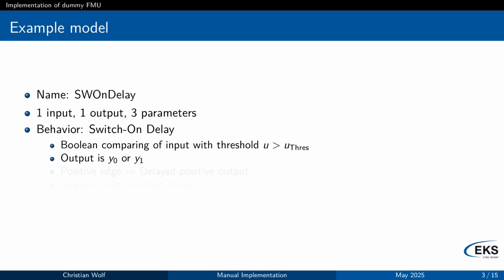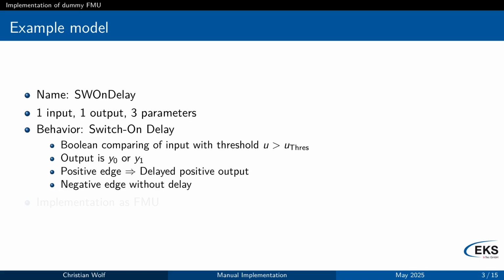Once the Boolean comparison has a positive edge, that means our actual input u is larger than the threshold, then we want to see a delayed positive output of y1. But as soon as we get u below u threshold, it should immediately get a negative edge also to y0.